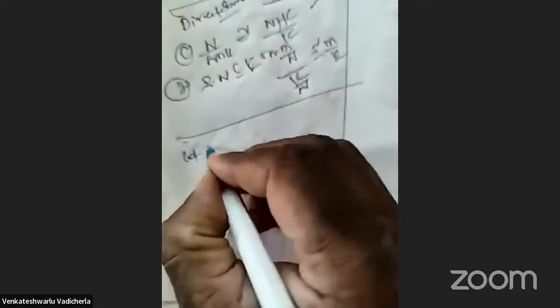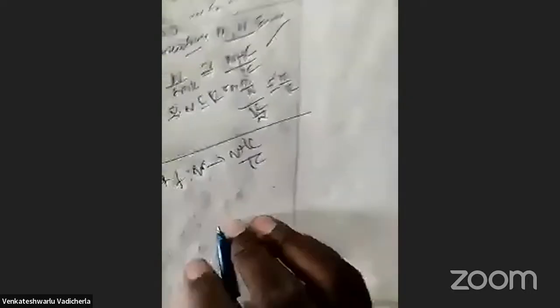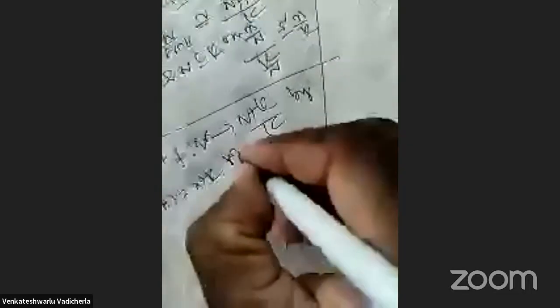Let f be a mapping from N to N plus K by K, defined by f of x is equal to x plus K for all x belongs to N. It is a homomorphism. F of x plus y is equal to x plus y plus K, which is x plus K plus y plus K. This is f of x plus f of y.